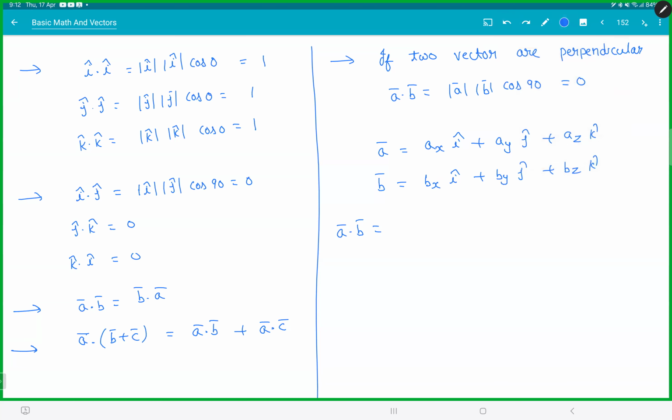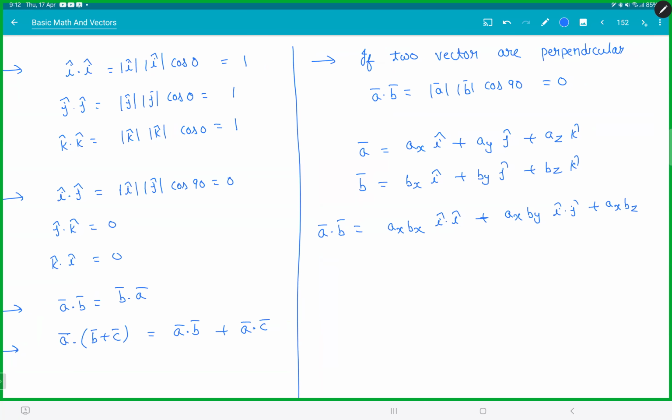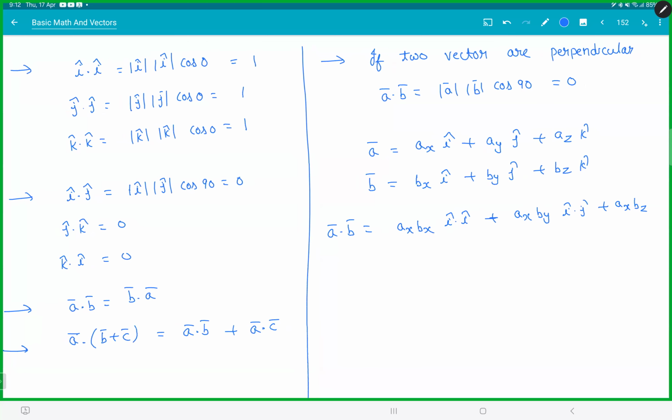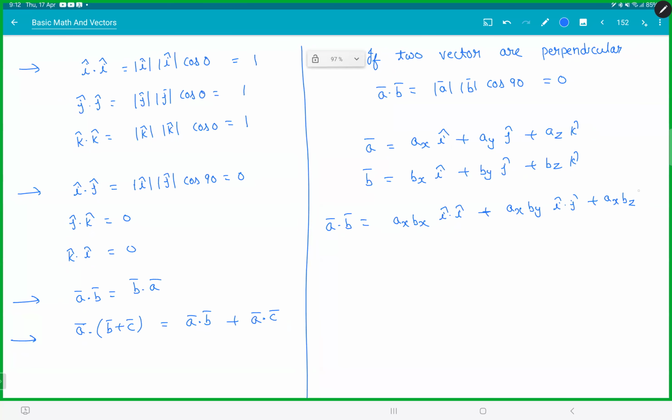Let me show it to you. It is boring, but yeah. So if you do ax in this thing, you will get ax, bx, you will get I dot I. Then if I do these two terms, ax, by, I dot j, that would be ax, bz, I dot k. You can clearly see the other vectors are becoming 0.